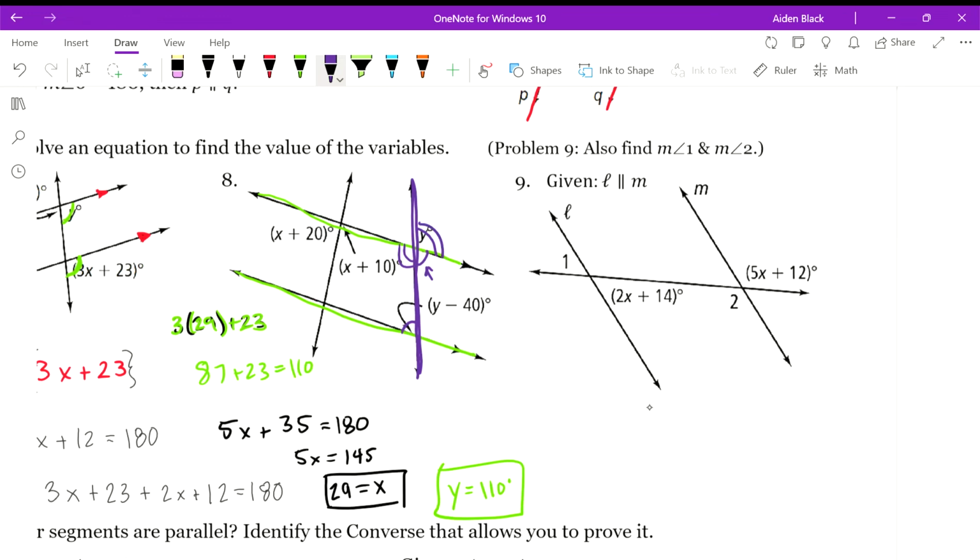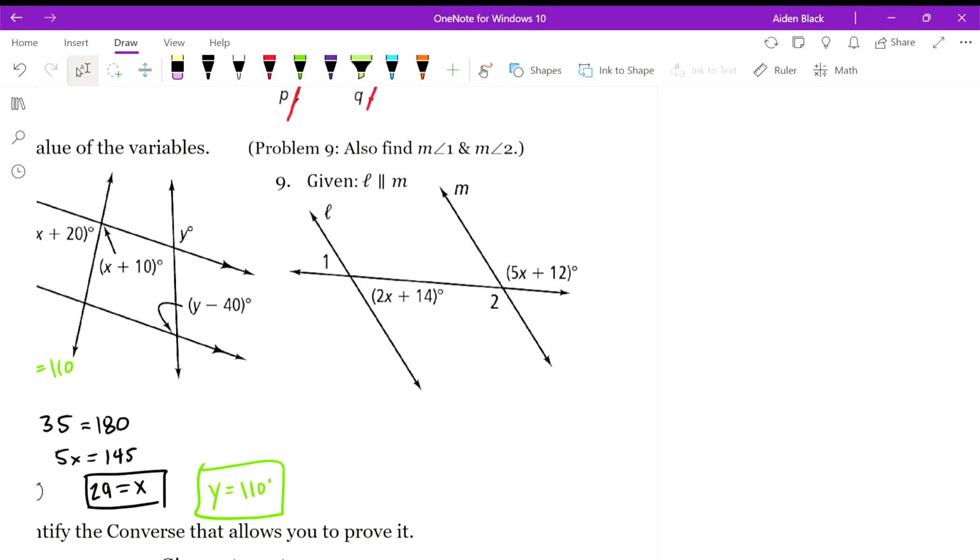Y would be congruent to this one over here. And then once you've got an idea of that, you can come over here and look at this transversal that's cutting the parallel lines and say, oh, this angle and this angle are supplementary. That's to the extent you actually need to do that.